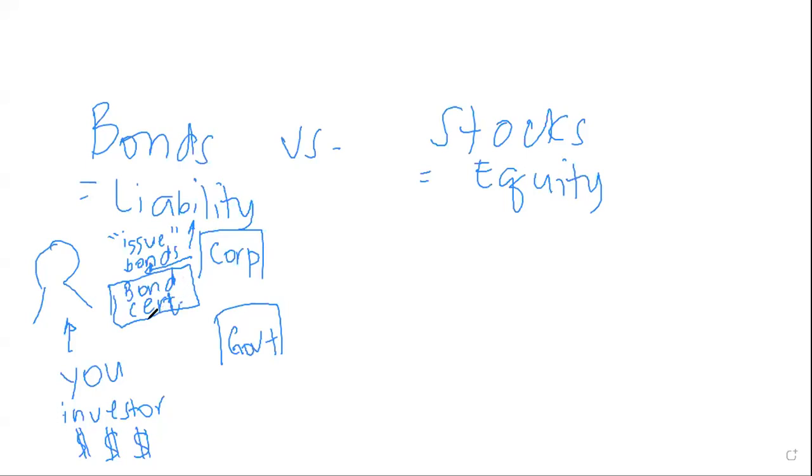Cert. Let's say this is for 1M. So, si Corp, mo issue ni mo og bond cert. Ikaw, investor ka, kay imong kwarta. Okay. You will then give this corporation the 1 million.